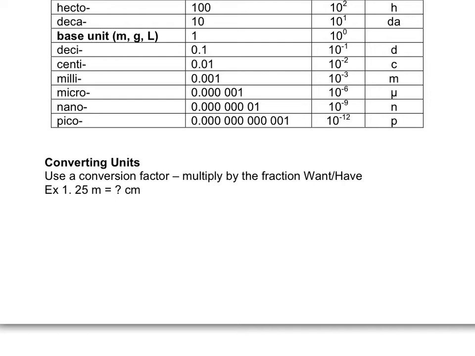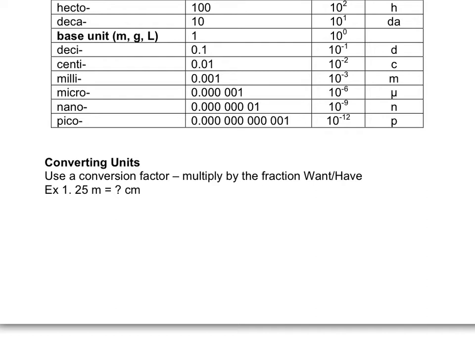You can convert centimeters into meters, you can convert kilometers into millimeters, you can also convert from one chemical to another using a conversion factor. You can't do that by picking up a decimal and moving it to the left or to the right.